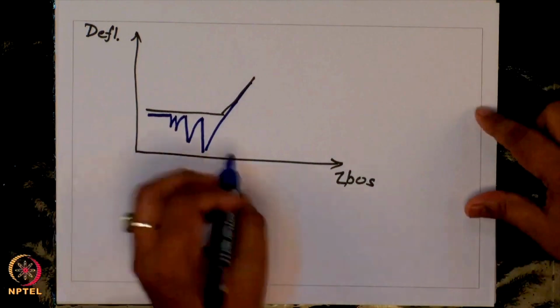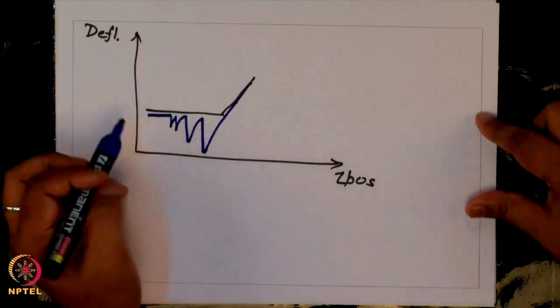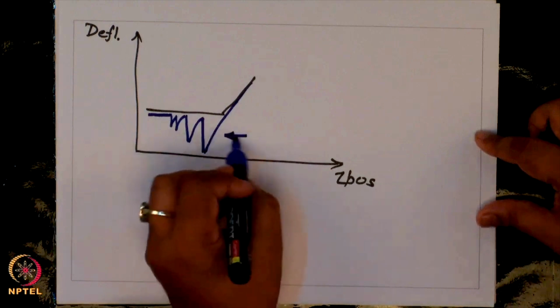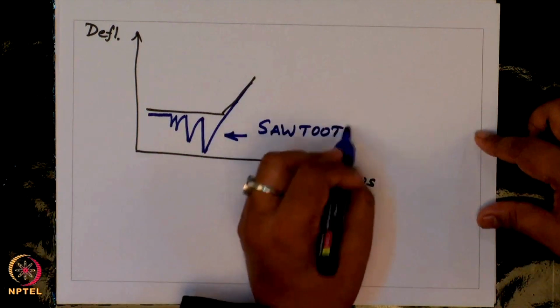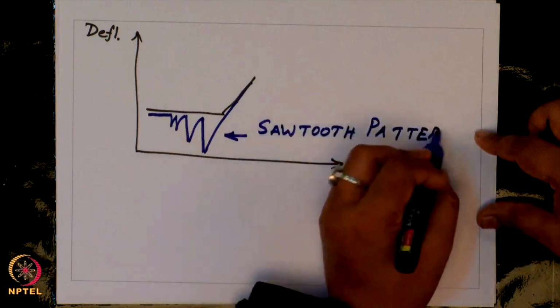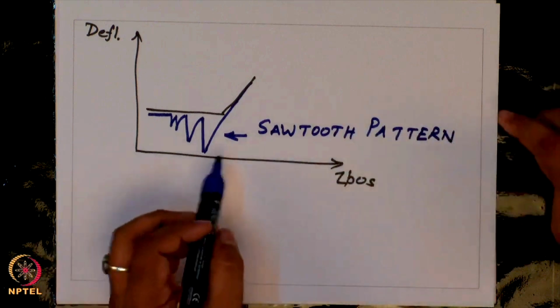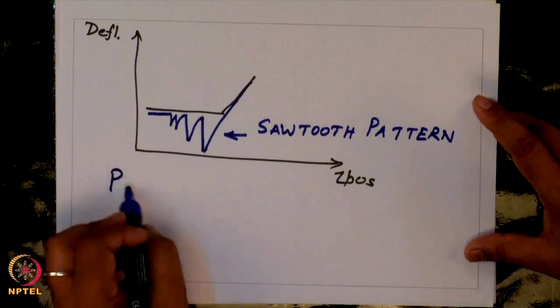What you see on the retraction is the formation of these multiple bumps. So, this pattern is called a sawtooth pattern. And if you get this, then you are convinced that this is associated with protein unfolding.